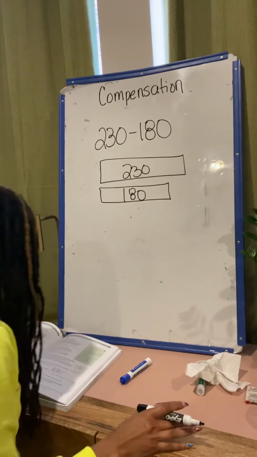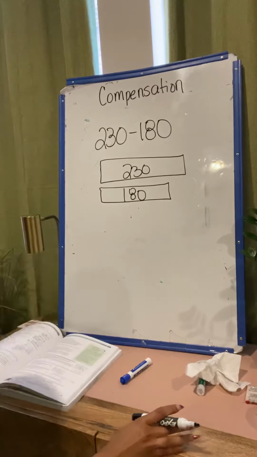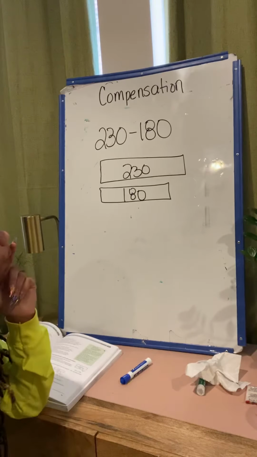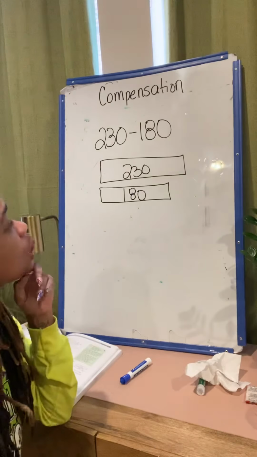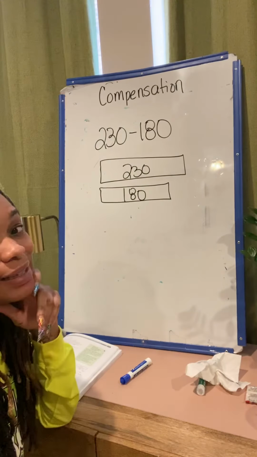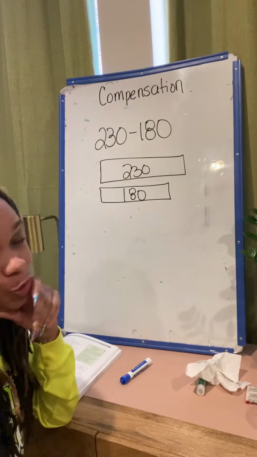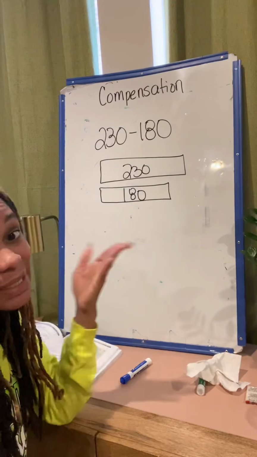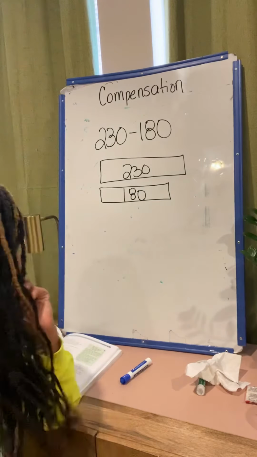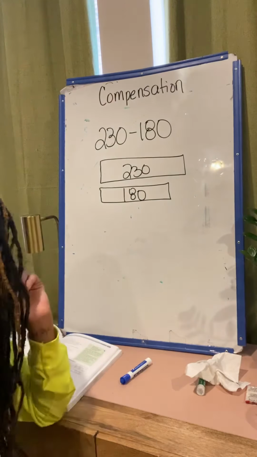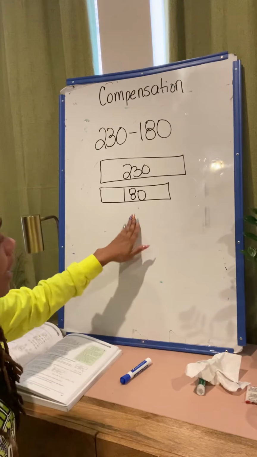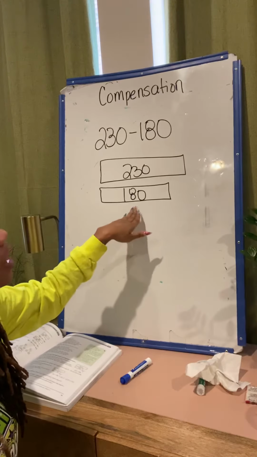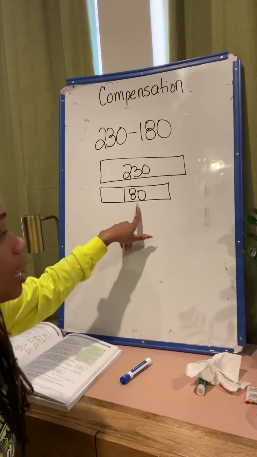Now, I want you all to think about which one of these numbers is closest to the next 100 or the next 10. Think in your brain, which one of these numbers is closest to the next 10 or the next 100? Right, if you said 180, you're exactly right. 180 is closest to the next 100.